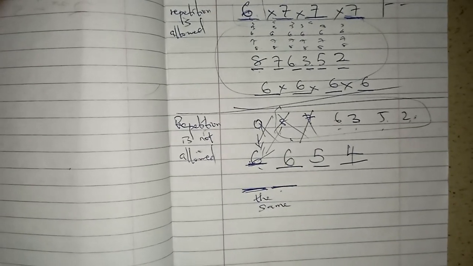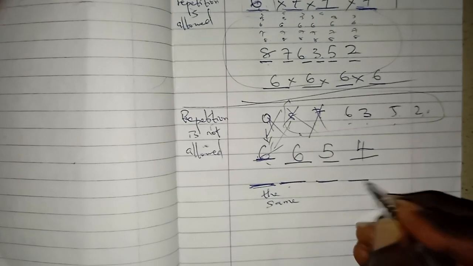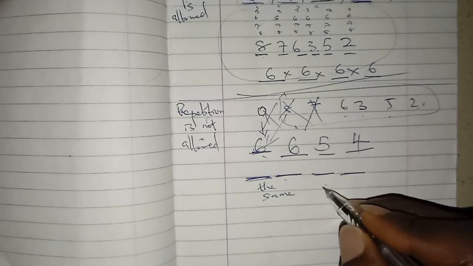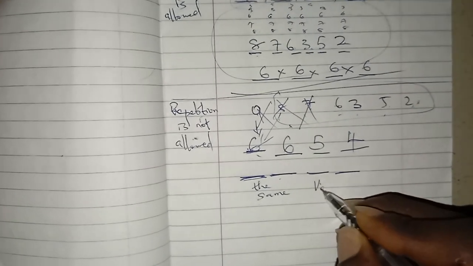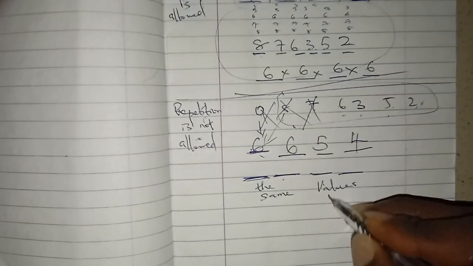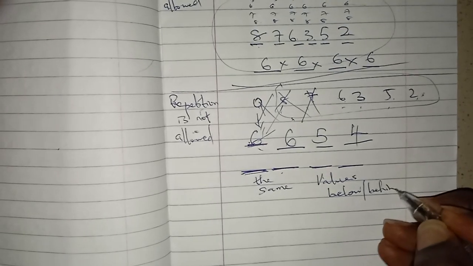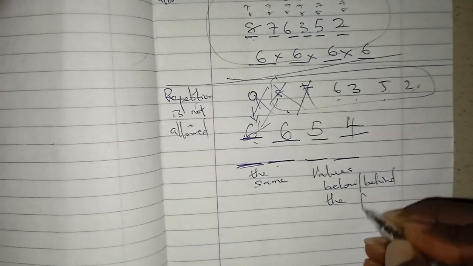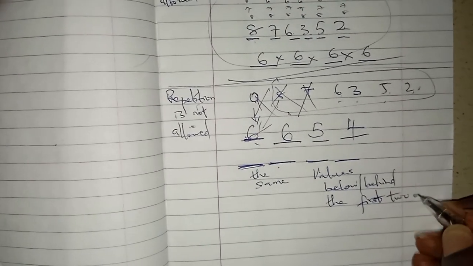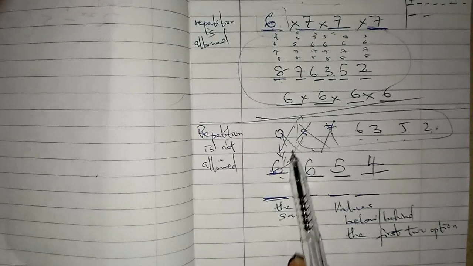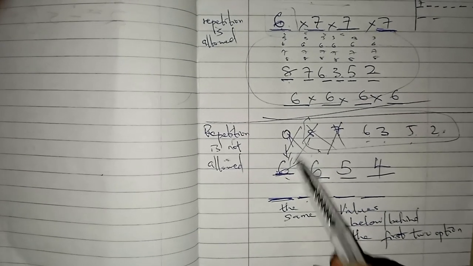Then every other thing that follows will be the factorials, that is, the values below or behind the first two options.